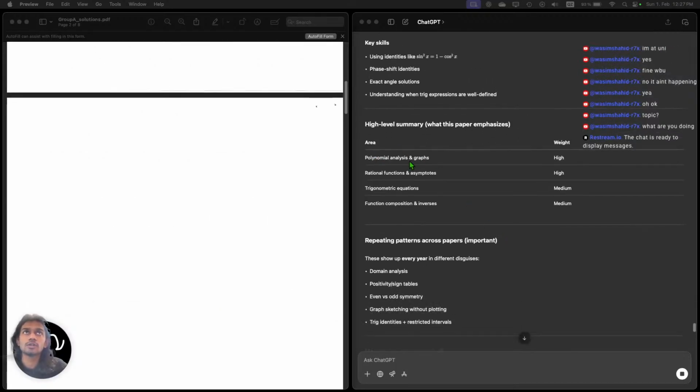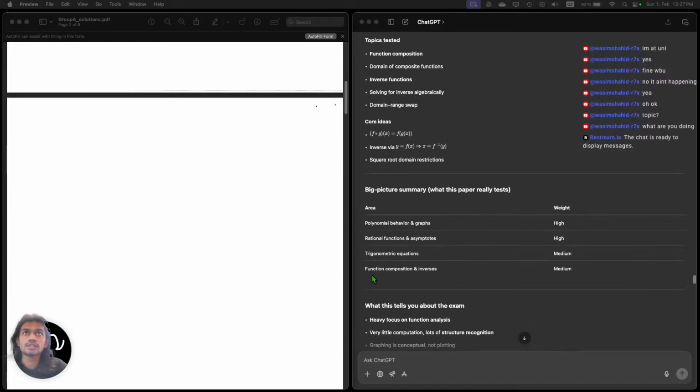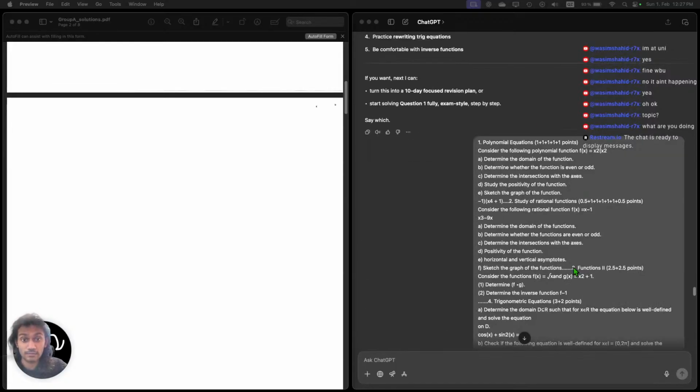So it's polynomial analysis, rational functions and asymptotes, trigonometric equations, function composition, and inverses. Was that the same? Oh shit, that was the same.